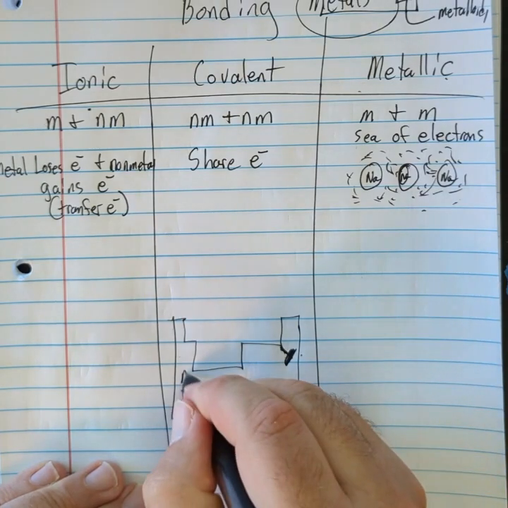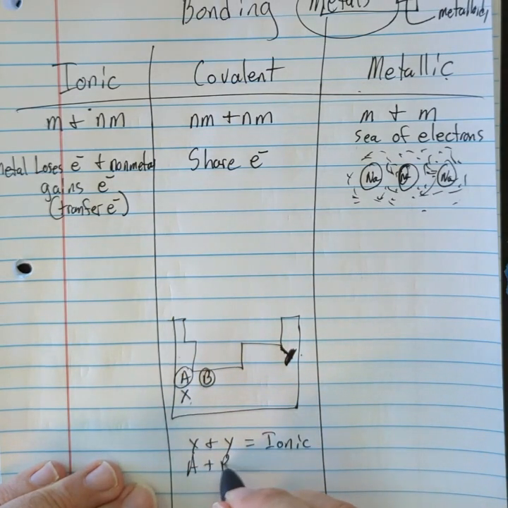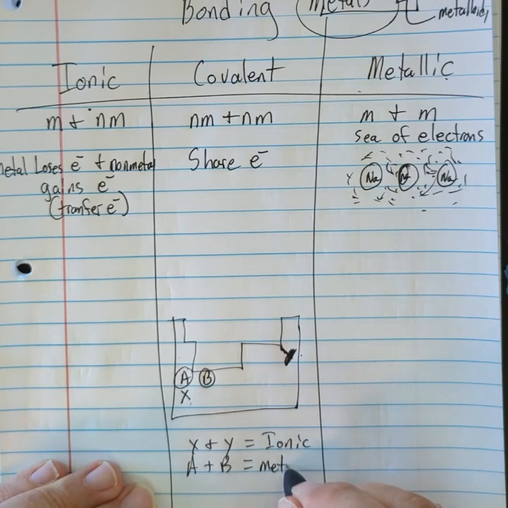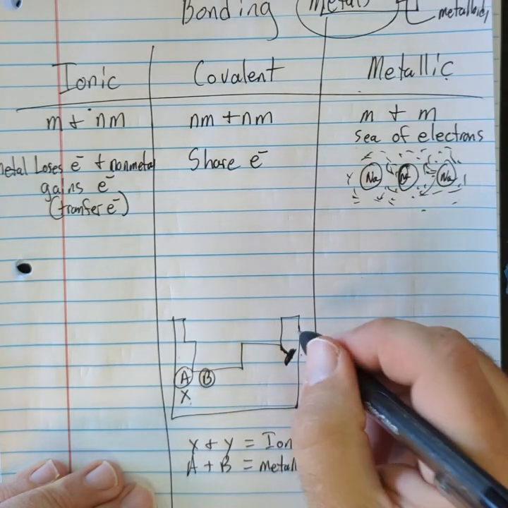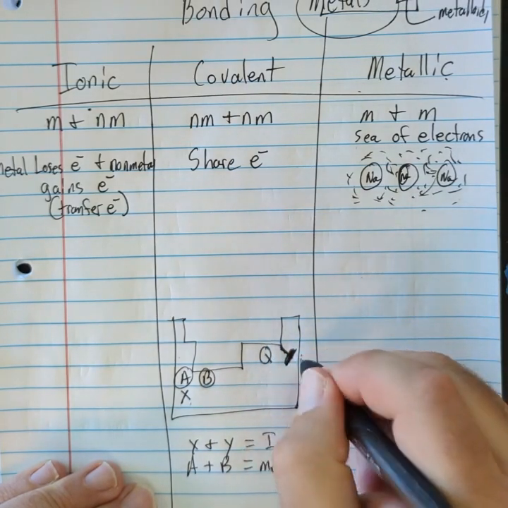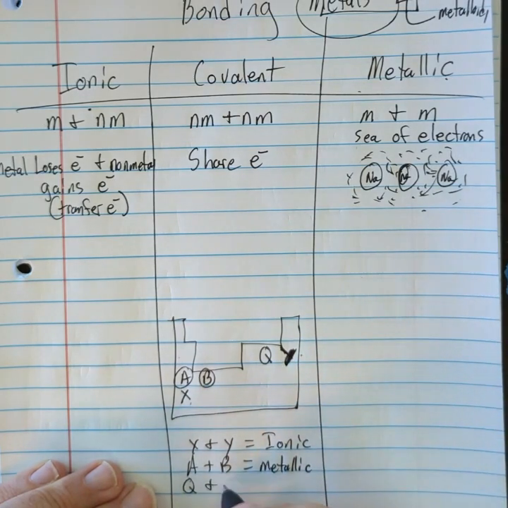If they gave you A and B, A and B would be a what? Yep, it would be a metallic bond. And if they gave you Q and Y, that would be a what? That'd be a covalent bond.